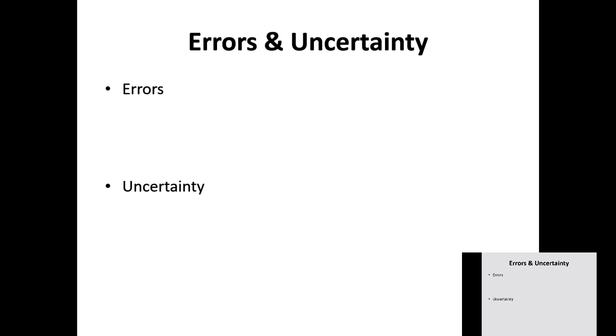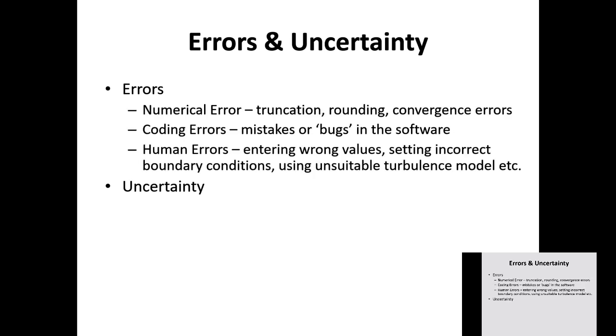You can categorize them into 2. One is actual errors. One is the uncertainty that you get from the problem from CFD. So you have numerical errors, which are truncation errors. You know you used single precision and double precision. In single precision, the numbers are stored as an 8-digit number, whereas in double precision, it is a 16-digit number.